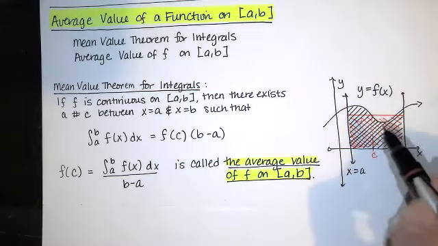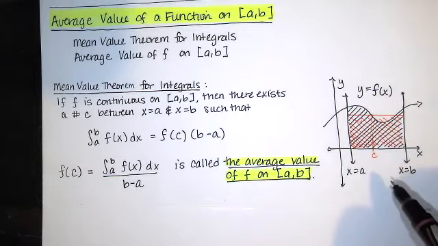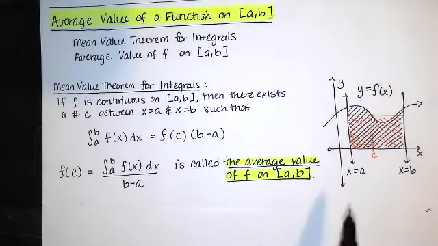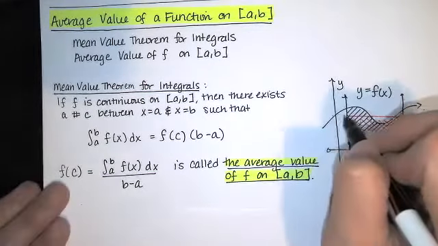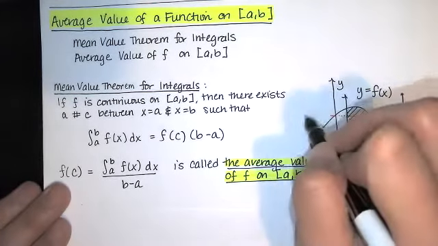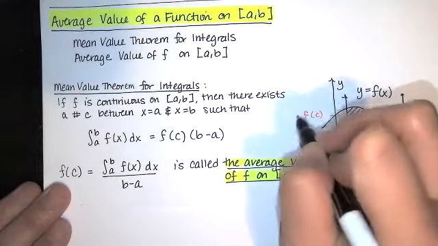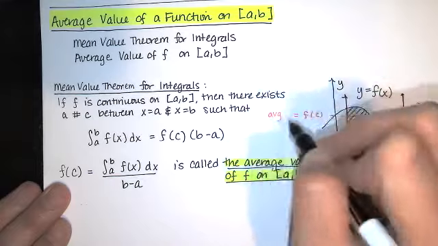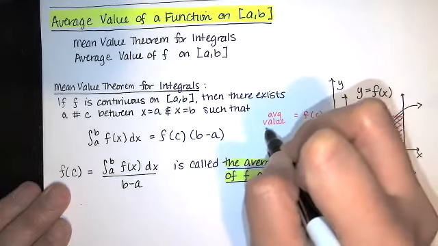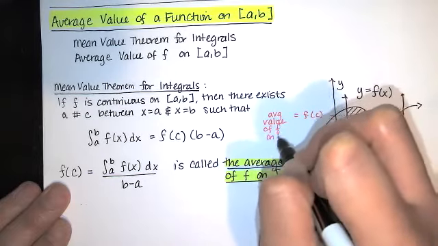So we're saying there is a c value between a and b where that happens. Now, this y value here, f of c, we call that the average value of f on the interval from a to b.